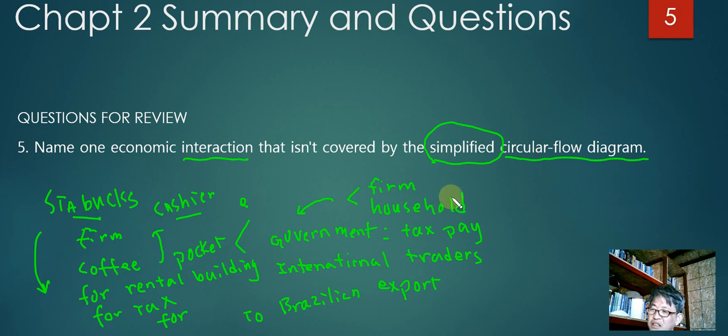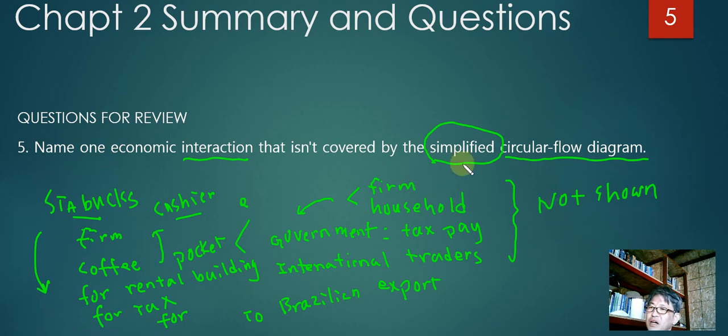Okay, so in reality, more entities are related and the economy will be expanded more. But in the simplified circular flow diagram, these extended relations are not shown, right?